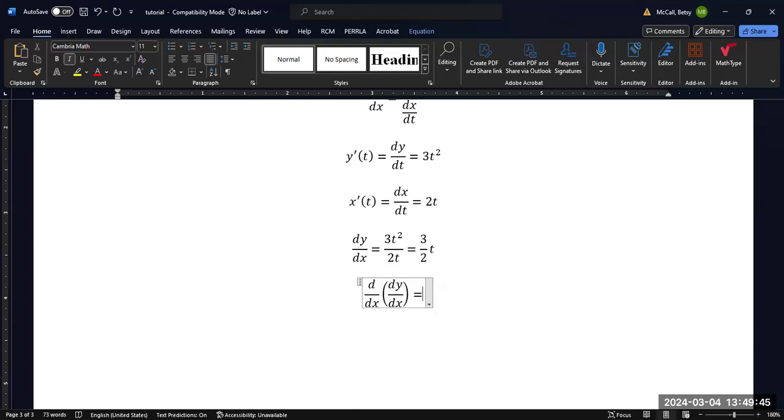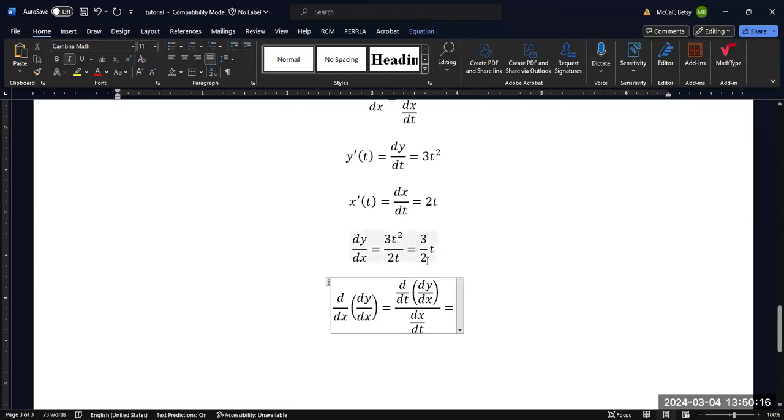So what I'm going to end up with is essentially dy/dx, a function of t. I'm going to take that derivative with respect to t, and then I'm also going to divide by another derivative for x. So this will become d over dt of dy/dx, divided by dx/dt. That should be a t on the bottom there, sorry.